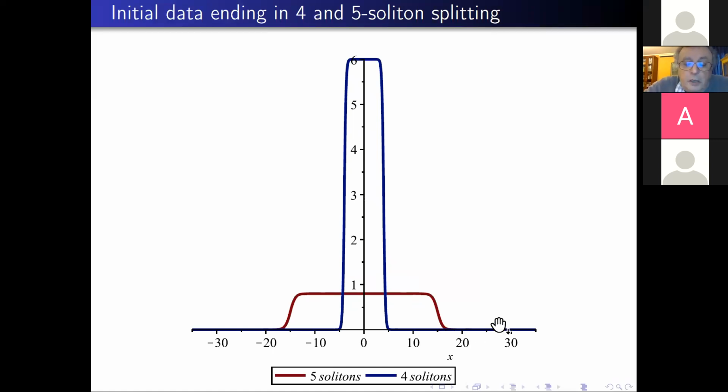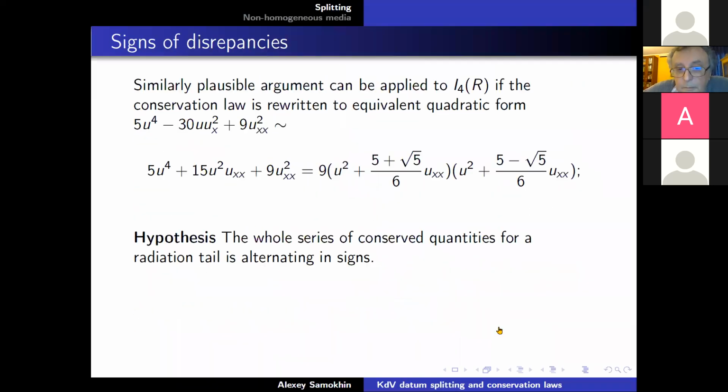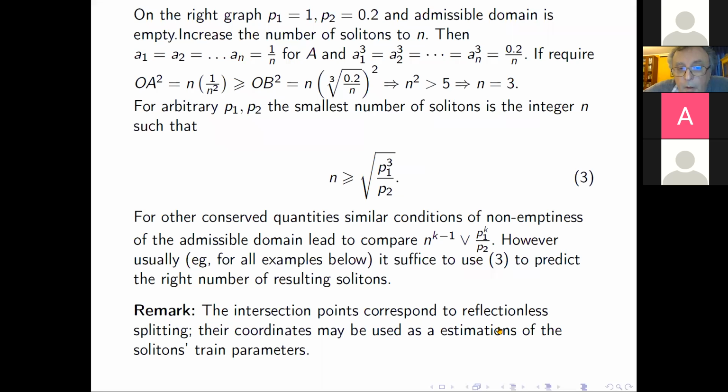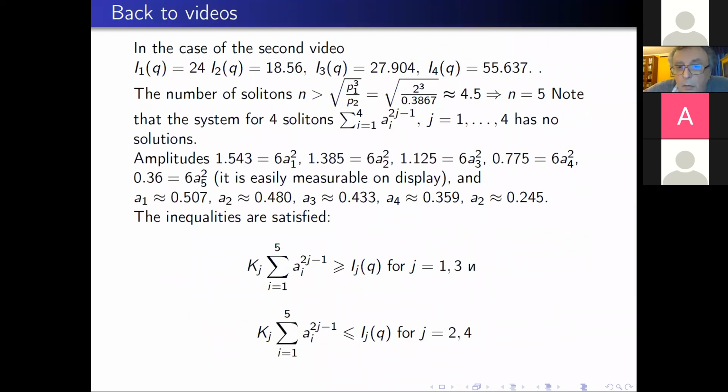To measure its mass, momentum, and so on, you can use very simple integrals or even numerical methods and obtain conserved quantities for this initial data, and then substitute them in this formula and obtain the number of resulting splitting solitons.